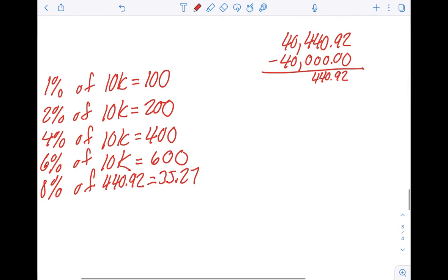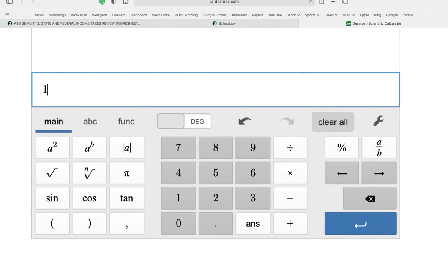And now these numbers, kiddos, remember, we add them up. So it's 100 plus 200 plus 400 plus 600 plus 35.27. So we get a total of $1,335.27.